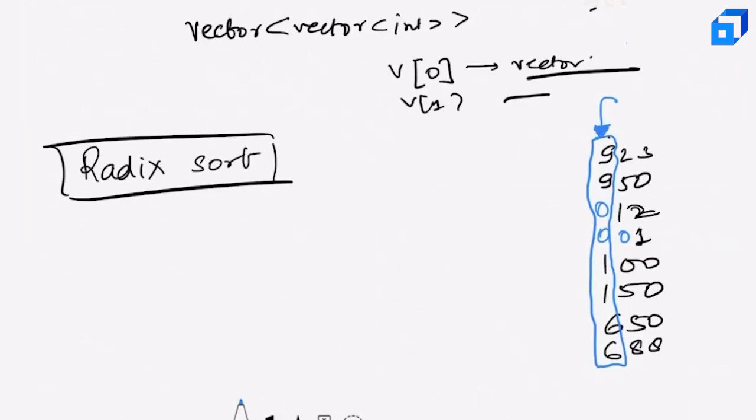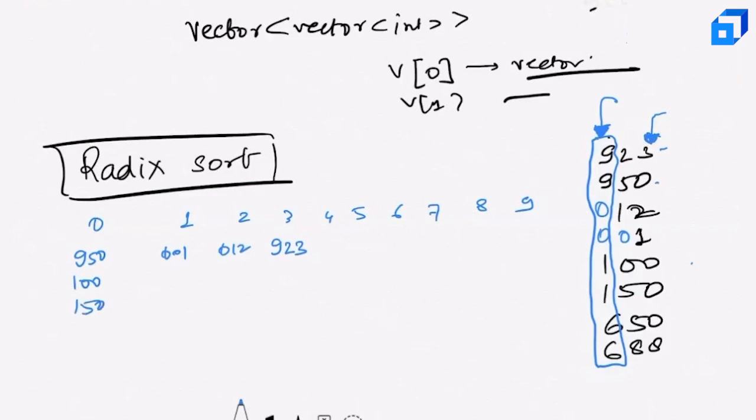So radix sort says, let's start with the least significant digit and first sort based on this. I create 10 buckets corresponding to 0, 1, 2, 3, 4, 5, 6, 7, 8, 9, and first look at the last digit. Based on that, 923 goes here, 950 goes to 0, 012 goes to 2, 001 goes here, 100 goes to 0, 150 goes to 0, 650 also goes to 0, 688 goes here.